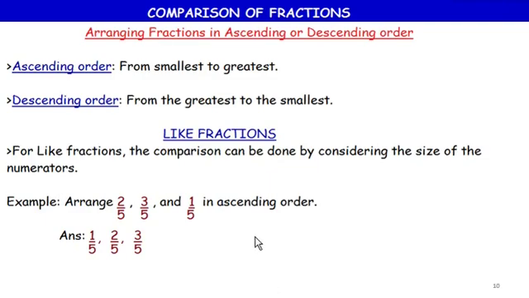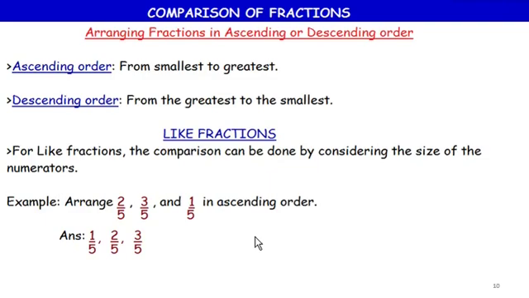Now we have two forms of comparison of fractions. We have comparing fractions in the ascending order, and then ordering fractions in the descending order. Ascending order means from the smallest to the greatest, right?